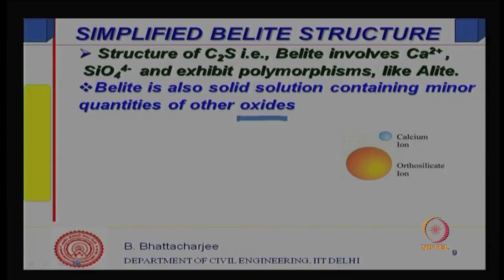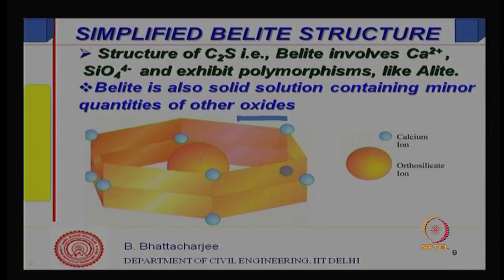And if we look at it, it will look like this. This orthosilicate ion is here and these are the calcium ions with orthosilicate ions placed like this. So, this is the structure of C2S.